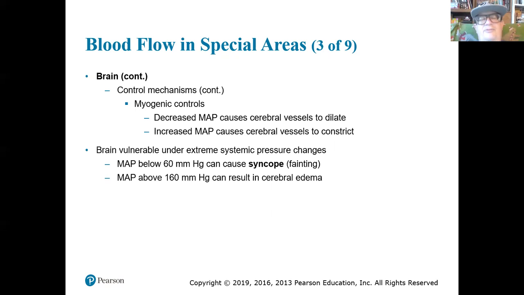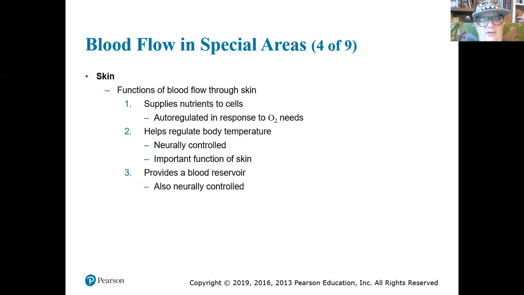We're trying to keep the flow exactly the same regardless, because the brain is vulnerable to extreme changes in the systemic pressure. If you get less than 60 millimeters of mercury, you're going to faint. If you get above 160, you got fluid oozing out of the vessels and squeezing on the brain. Not good, not good. So, got to keep it about 750.